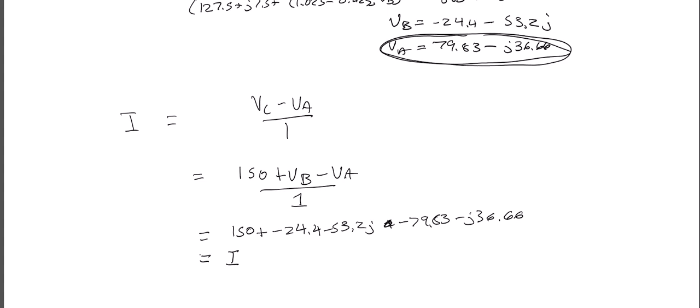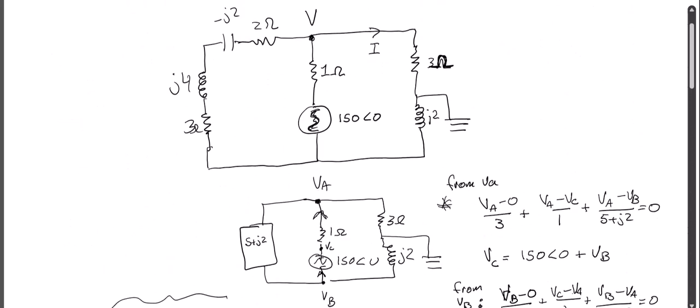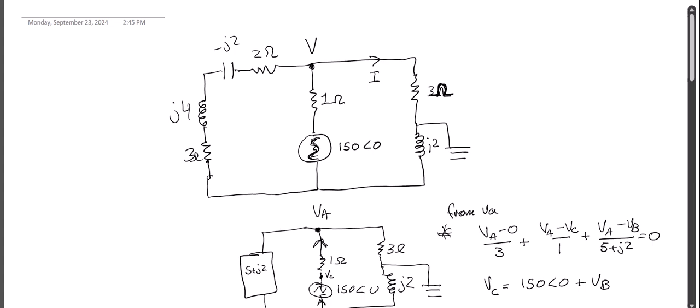So that's I. But then what do you do with I? How do you use current division? To use current division, you come back and look at our problem here, and I think we wanted the current on this side. I'll call this one IS.